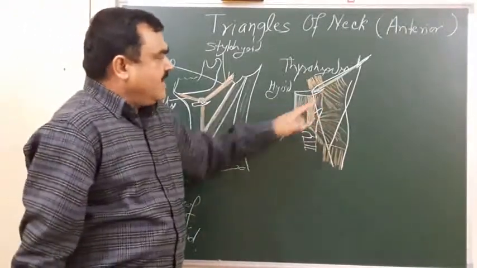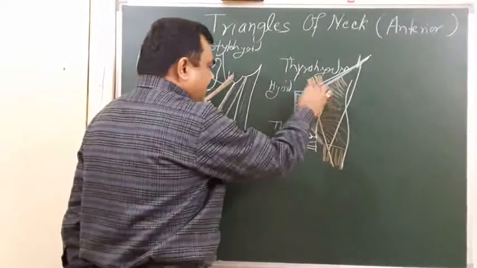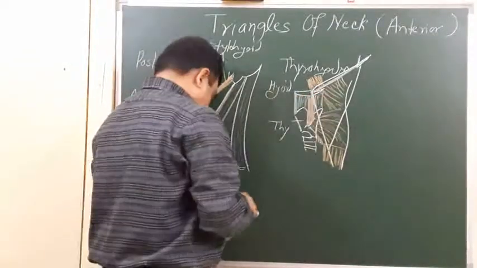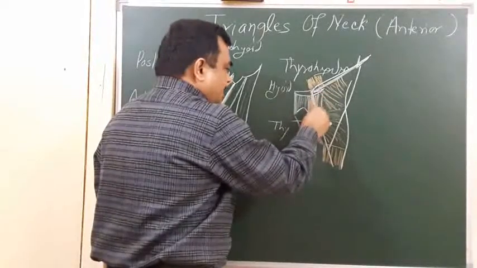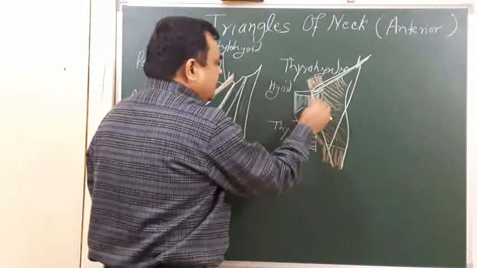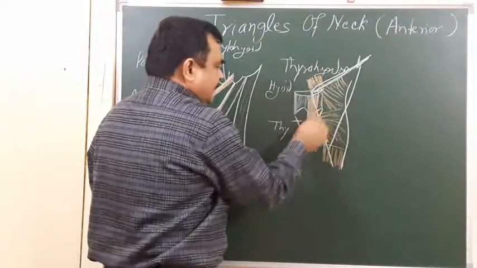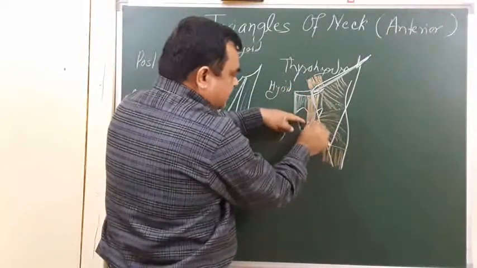So in this diagram, you can see the floor is formed by this muscle, the thyrohyoid muscle, between the hyoid bone and thyroid cartilage. Here is the inferior constrictor of the pharynx.